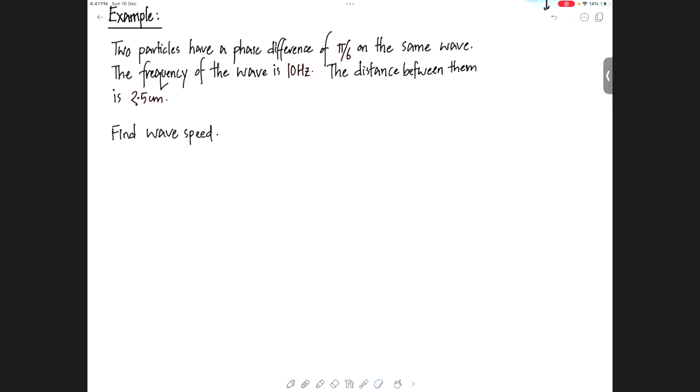So what do I mean by the distance between them? Remember the 2 balls that I drew? The distance between the 2 points. Yeah.